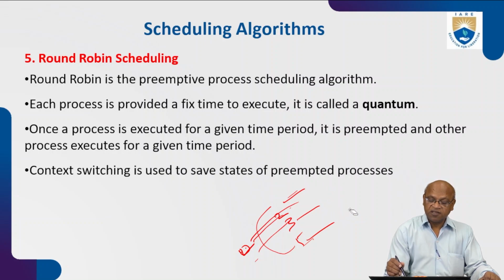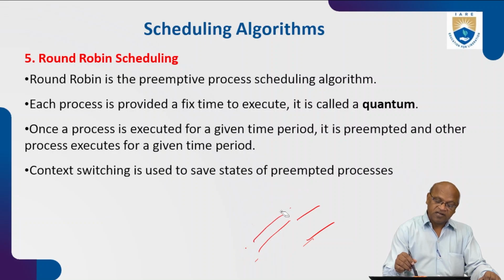After preemption of the first instruction after 2 milliseconds, the second process will come and execute for 2 milliseconds. After that, it is saved somewhere else, and the third instruction is given the same 2 milliseconds. Like this, each process will spend 2 milliseconds with the CPU.